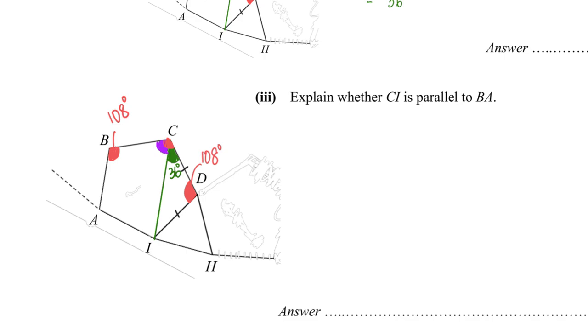They add up to 108, meaning angle BCI is simply equal to 108 degrees minus the 36 degrees, and that gives me 72 degrees.